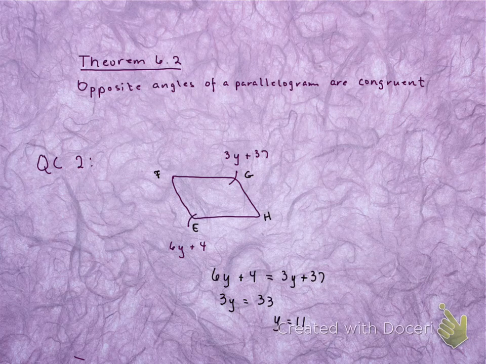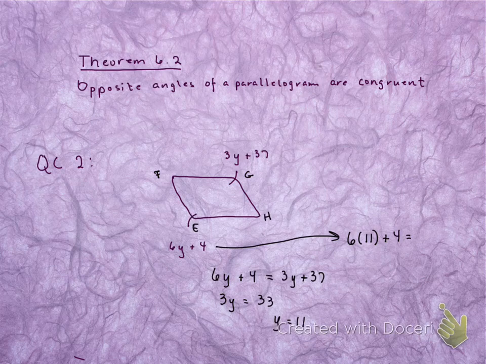Now that we know what y is, we can go to either one of the angles, let's use this one, and sub in 11 for y and find out the actual measure of the angle. Don't forget that you may be asked to find the variable, but you might also then be asked to find either the length of the side or the measure of the angle using that variable.